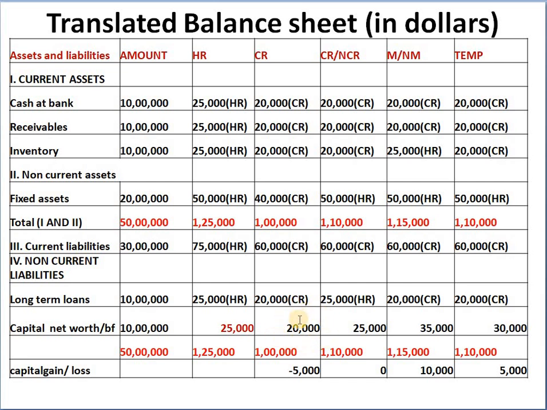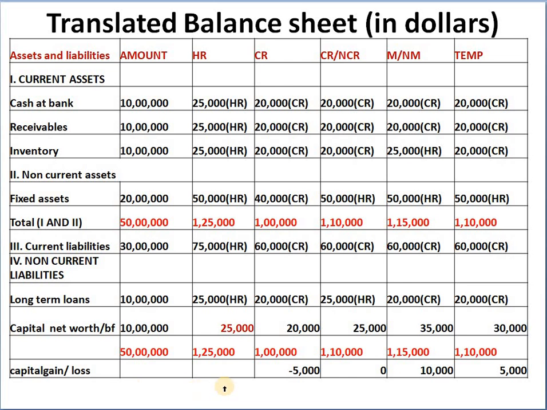Here you have 20,000 minus 25,000, you will get minus 5,000. 25,000 minus 25,000, you will get 0. 35,000 minus 25,000, you will get 10,000. 30,000 minus 25,000, you will get 5,000. So you got the capital gain or loss.